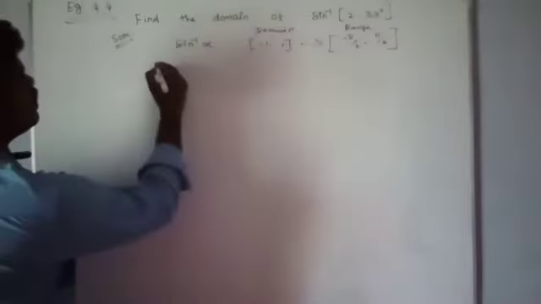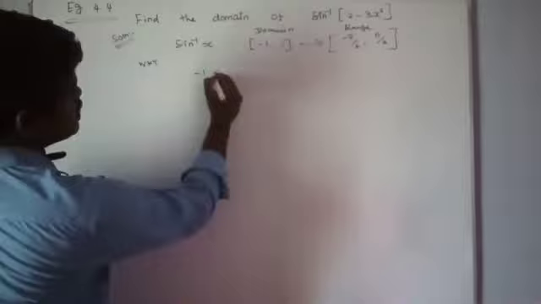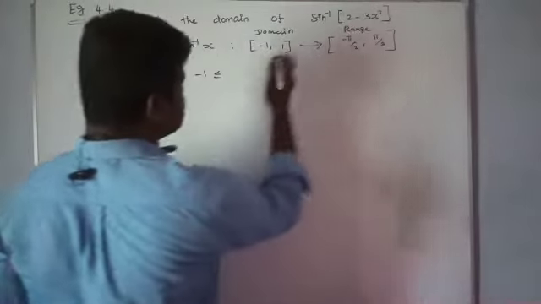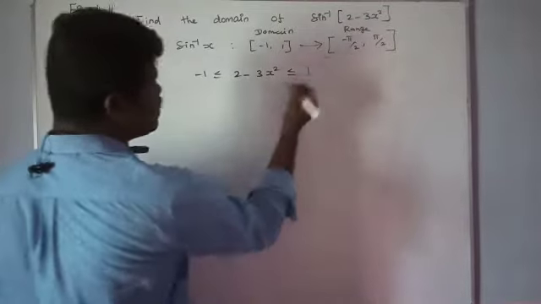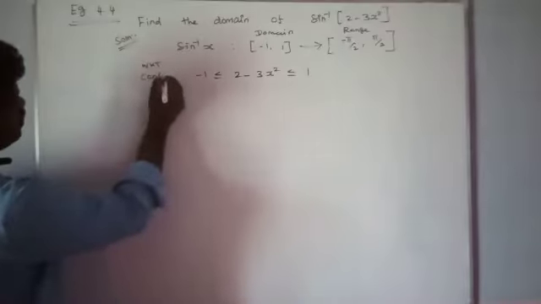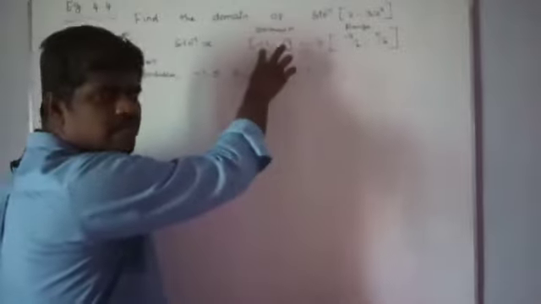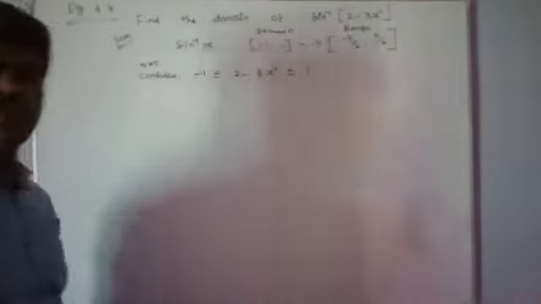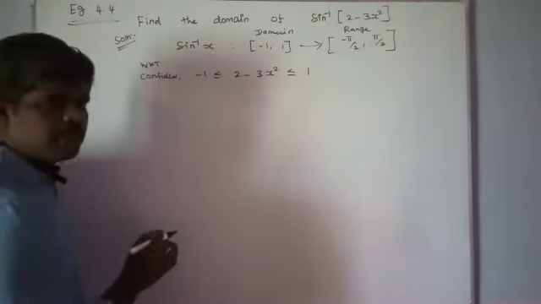So we know that minus 1 is less than or equal to 2 minus 3x squared, which is less than or equal to plus 1. This value must lie between minus 1 to plus 1, and we want to find the x value here.